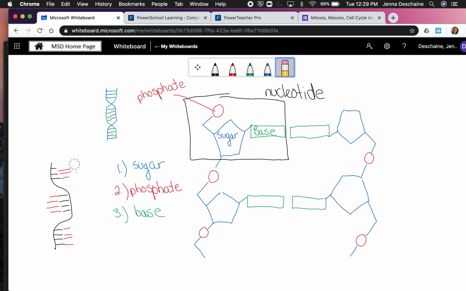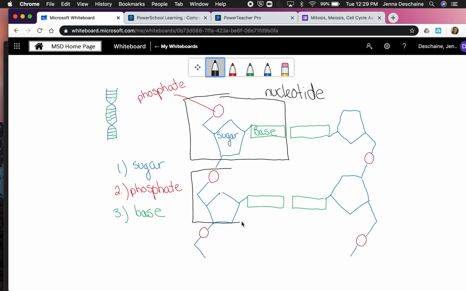All right. So every strand of DNA has this basic structure, okay? So for example, I have a nucleotide right here, and then I also have another nucleotide right here. And same, this is for one strand, and I have that on the other side.